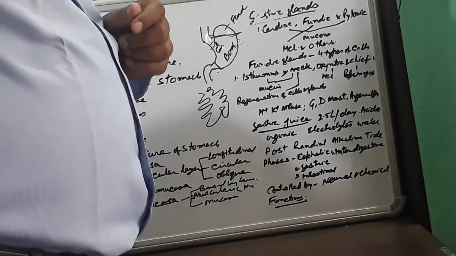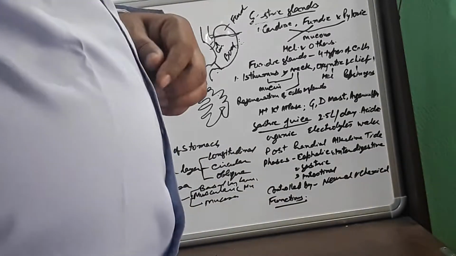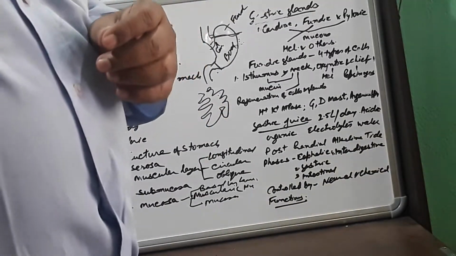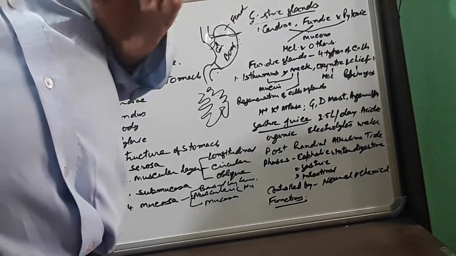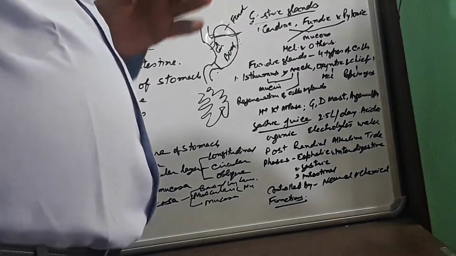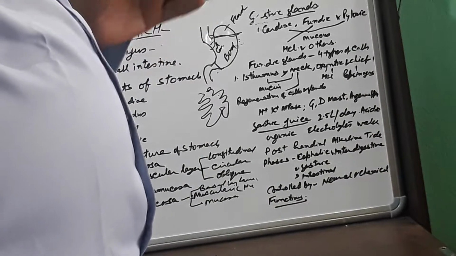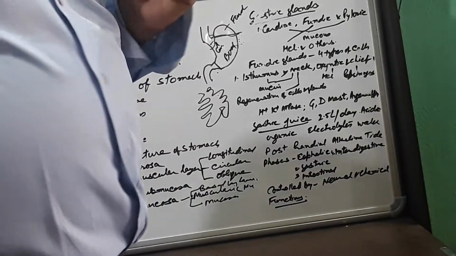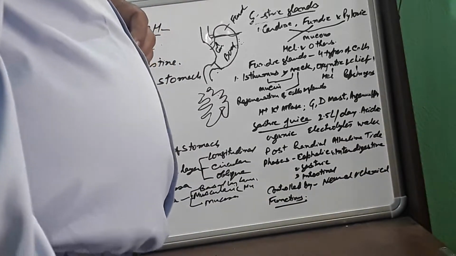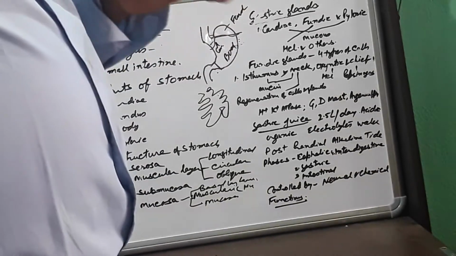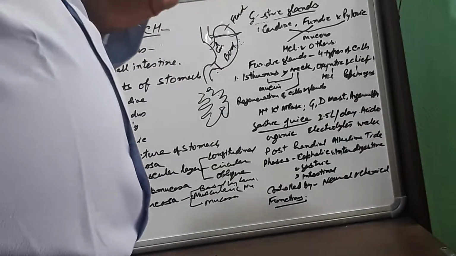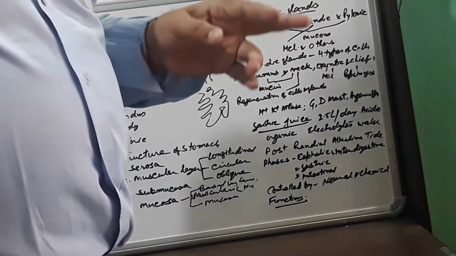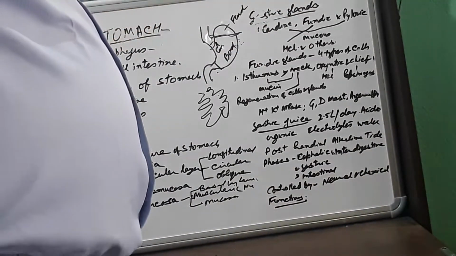Depending upon the site where they are present, they are divided into cardiac, fundic and pyloric glands. The cardiac and pyloric glands secrete mucus, and the fundic glands secrete hydrochloric acid and other enzymes.